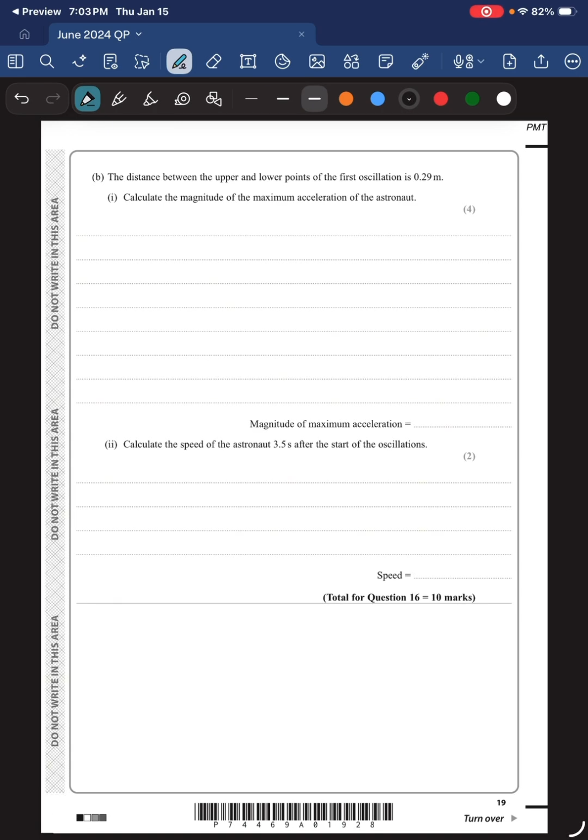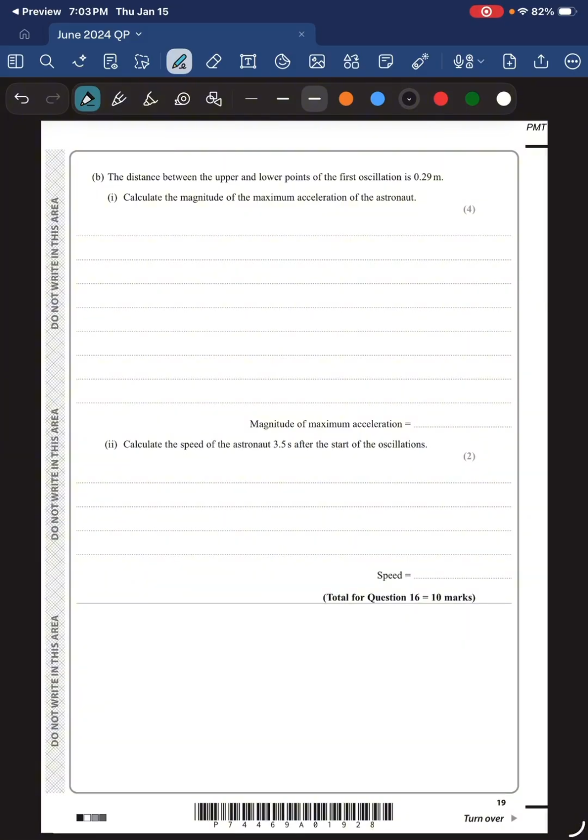Part B, the distance between the upper and lower parts of the first oscillation is 0.29 meters. Calculate the magnitude of the maximum acceleration of the astronaut. Okay, so they pretty much give us twice the amplitude, right? Because they give us the distance between the upper and lower points.